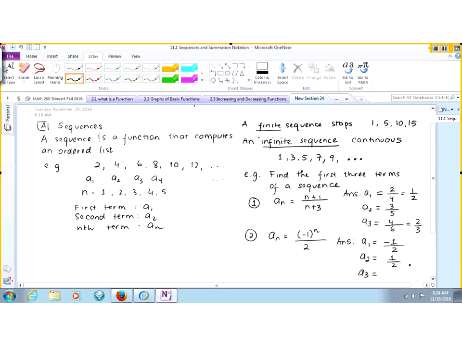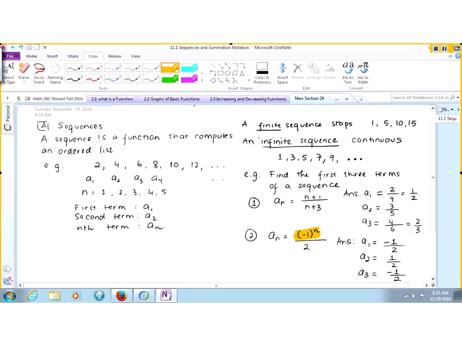What is A3? -1 over 2. So how do you change signs? This is how you would change signs. Later on, if you need to change sign, then your formula will probably include -1 raised to the nth, or n plus 1, or something like that. So this is not that bad, right?